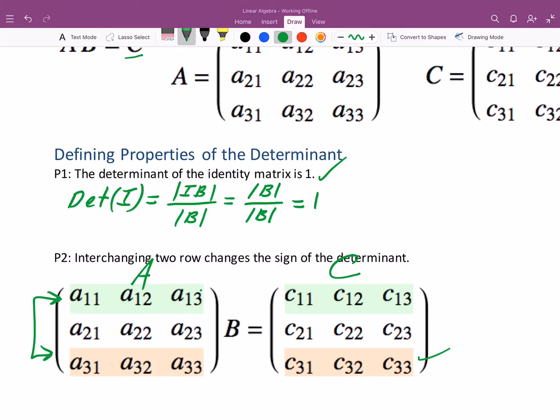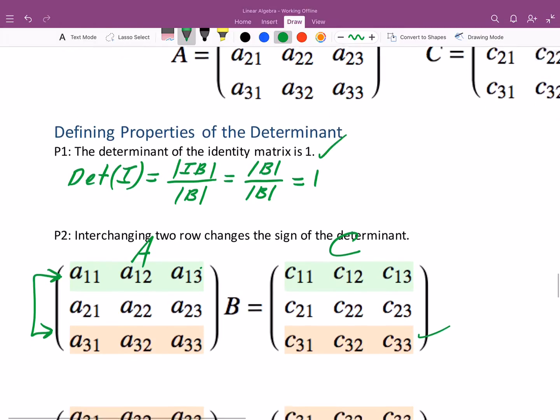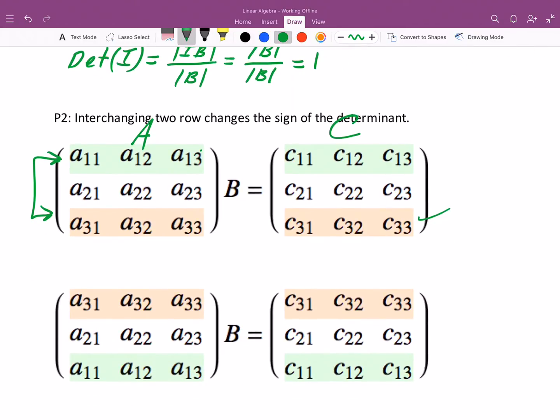So if I interchange these, the same numbers just get interchanged in the answer. Nothing else changes: interchanging two rows in the left matrix just interchanges the rows in the product.